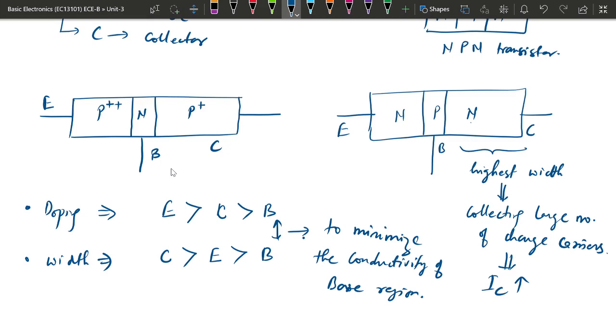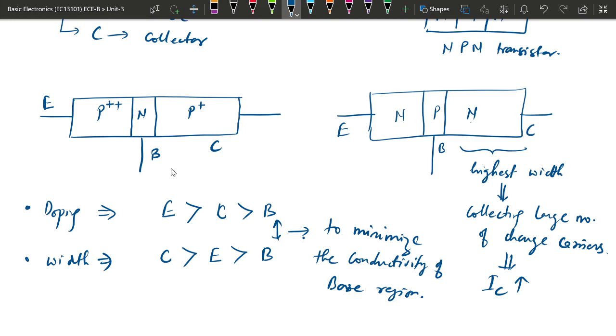So if the base is made with higher width, or has higher doping, if it is highly doped and also has a higher width, then most of the emitter charge will be recombining here, or recombination will be taking place, and this will constitute the base current. So most of the current will be passing through the base current.